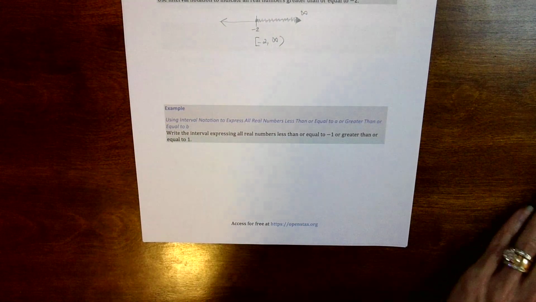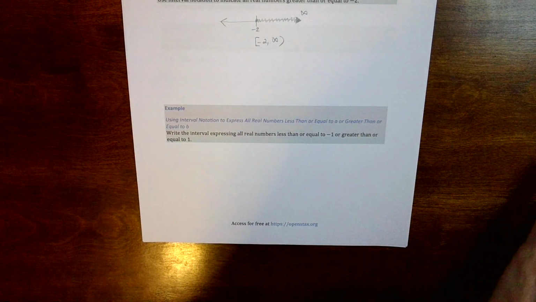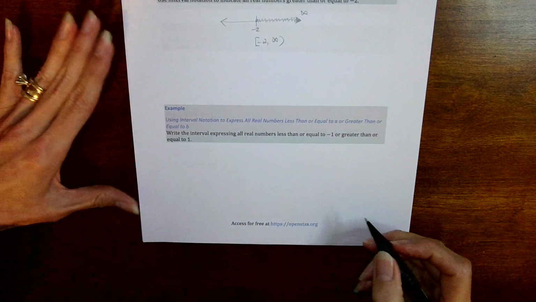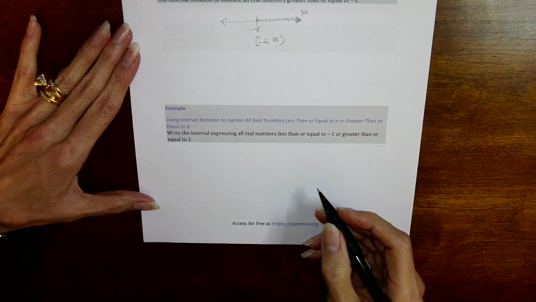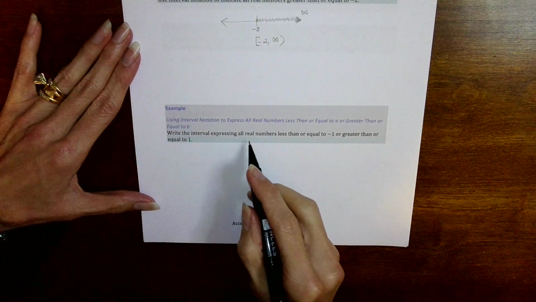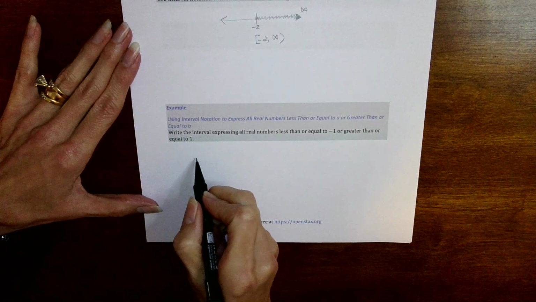Alright, so let's look at interval notation to express all real numbers less than or equal to a or greater than or equal to b. So write the interval expressing all real numbers less than or equal to -1 or greater than or equal to 1.